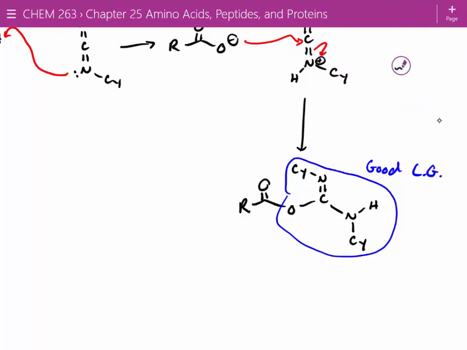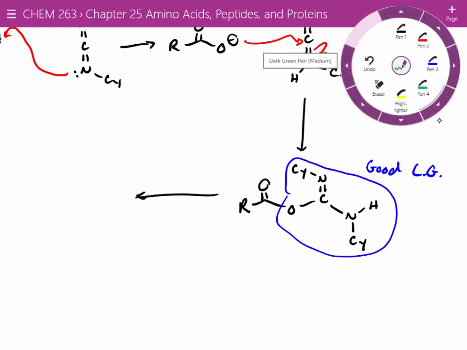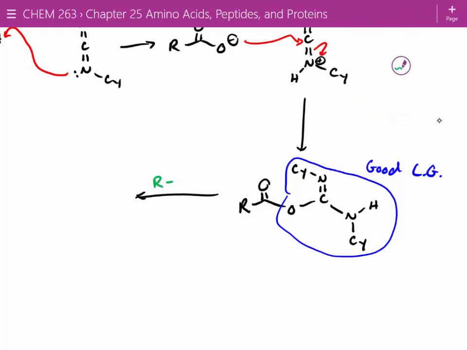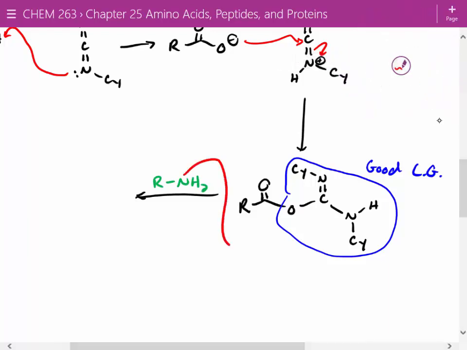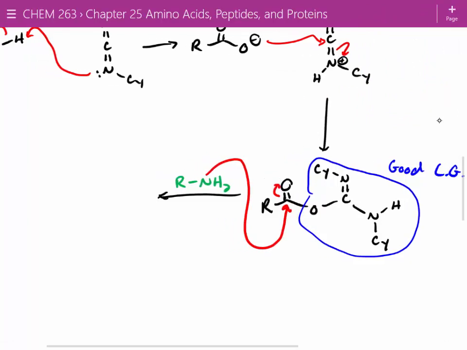And so in the next step, we can have this react with our amine. So I'm going to try to color code things a bit. This amine can now do the attack on the carbonyl.